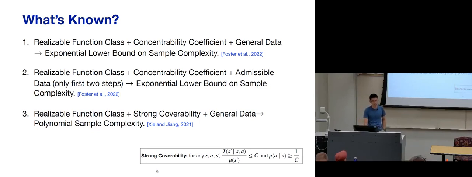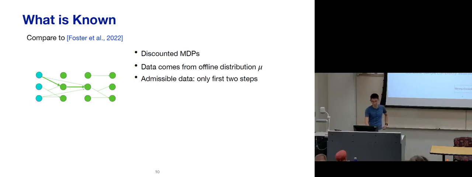Yeah. So next, we'll specify what's the difference and what's new in our results compared to the previous two results. This is also a lower bound result. In Foster et al. '22, one thing they consider is discounted MDPs, and they assume that the data comes from some offline distribution mu.